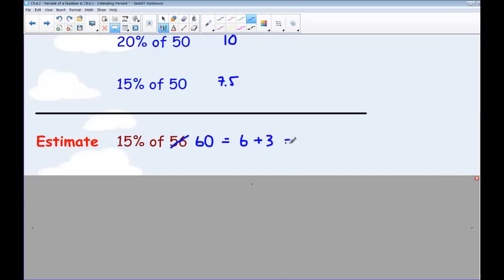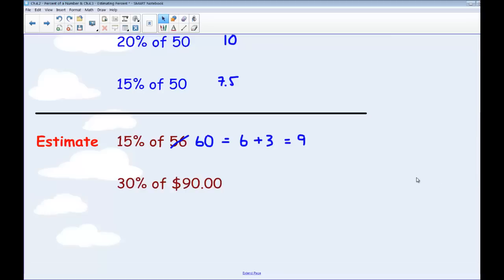And therefore when you add 6 plus 3 in your head, it would be 9. So 15% of 60 would be 9. Simple as that. So using this similar kind of strategy, see if you are able to calculate 30% of $90. Take a pause and try this for yourself.